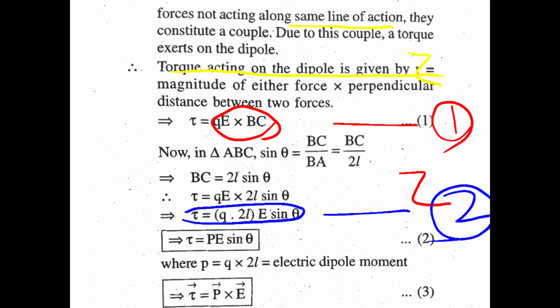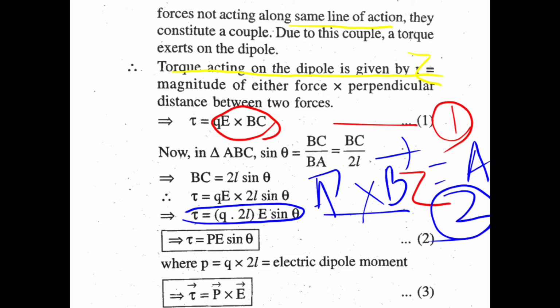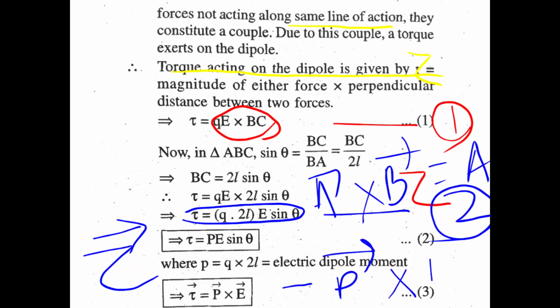Now we know A vector cross B vector is equal to AB sin theta. So if we write it in vector form, tau vector is equal to P vector cross E vector. This is the expression.